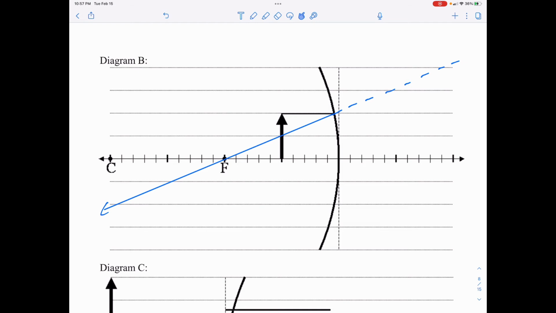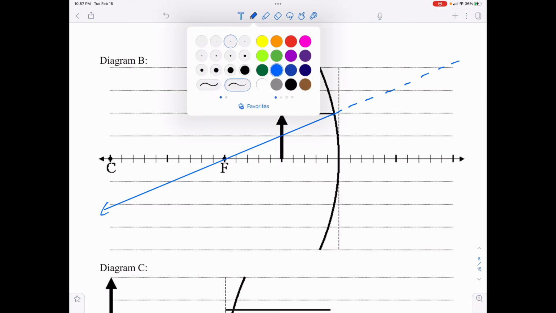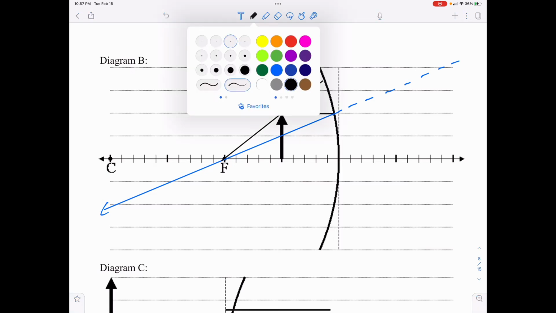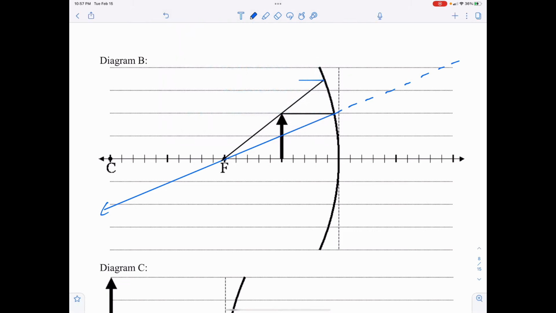Now, the only way you're going to do that is if you actually line up the focal point and the object with the mirror. So the first ray would go through the focal point, like this. You line up the focal point with the object and the mirror. Then once you reach the mirror, you reflect parallel.